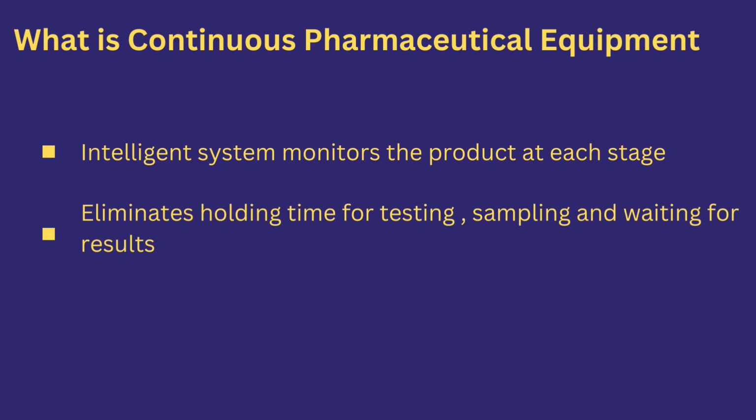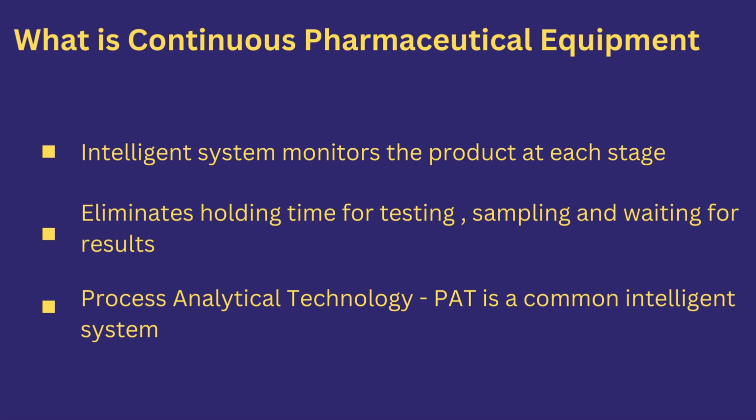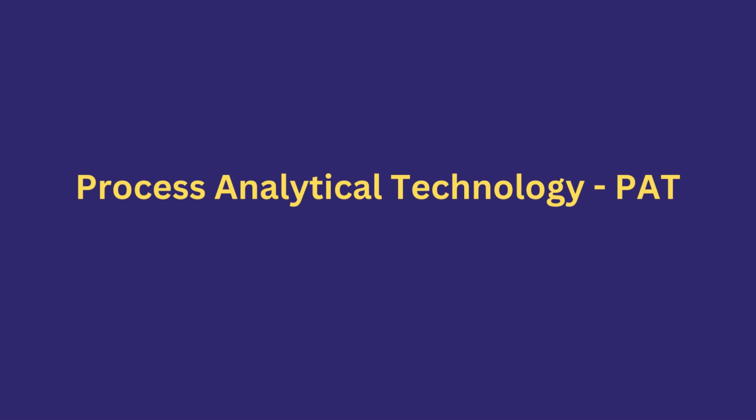The entire process monitoring procedure is performed online during the manufacturing process. It also enables online adjustment of process parameters during product manufacturing. The automated intelligence system employed for online monitoring and process adjustment is called process analytical technology, short form PAT.